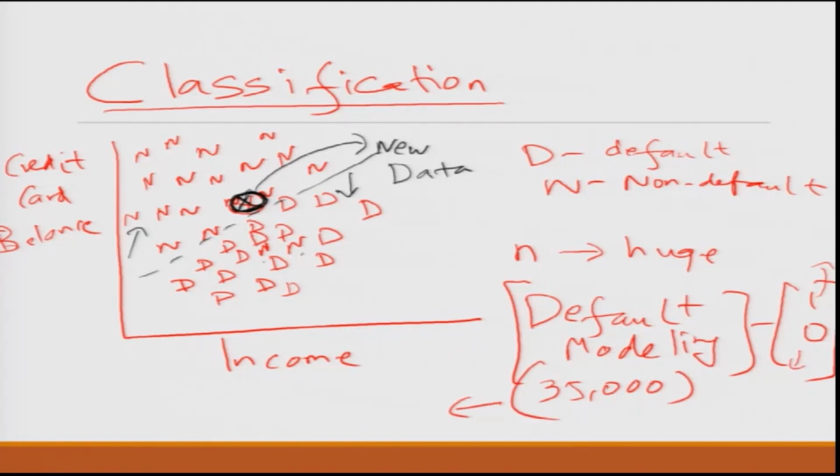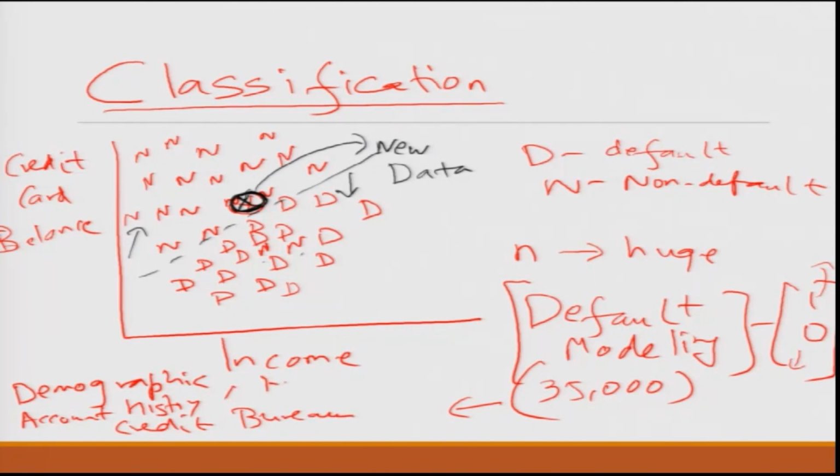So, these may be parameters like demographic, then account history, then credit bureau, the reference with whom he was made a customer, the history of those people.